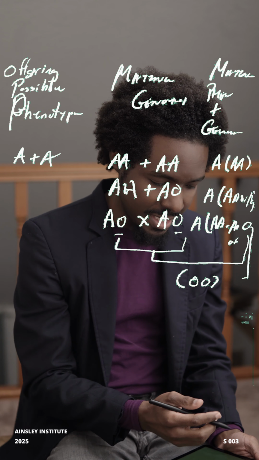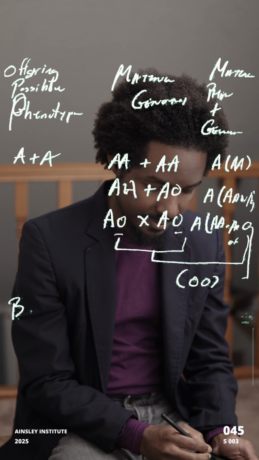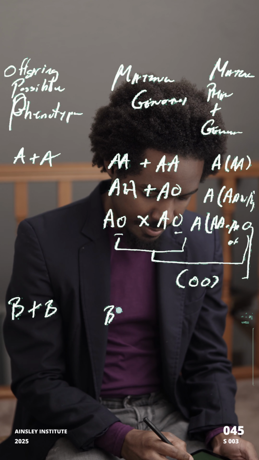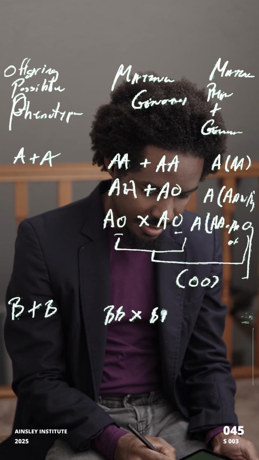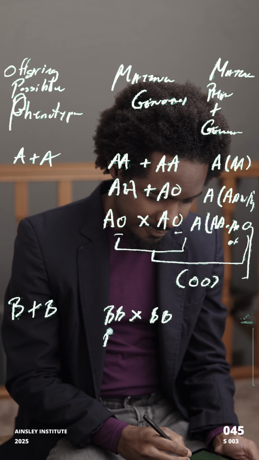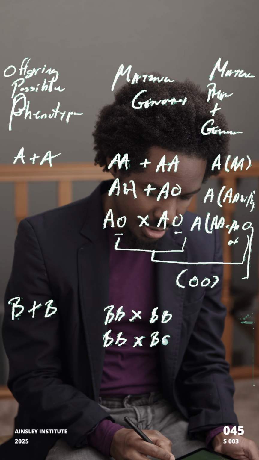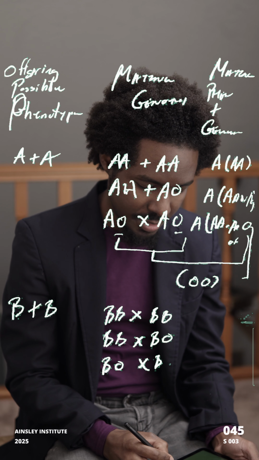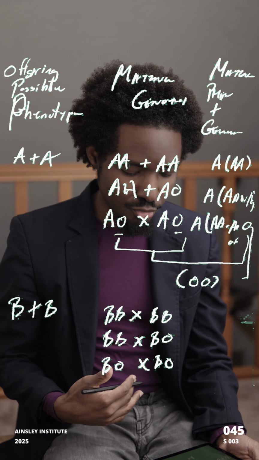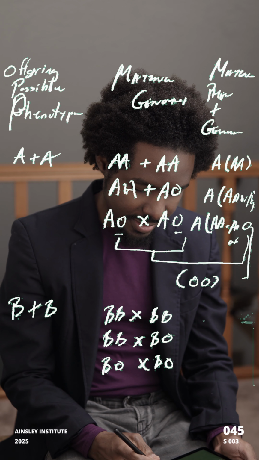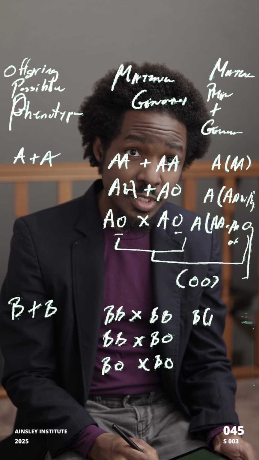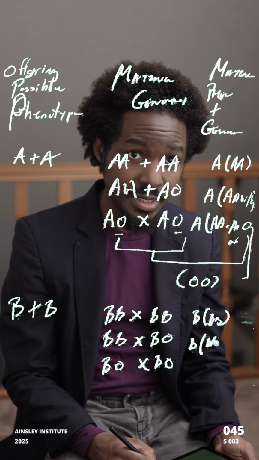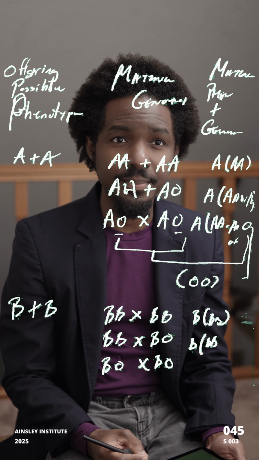If a person is B, multiplied by B, we're expecting the same: BB times BB, then BB times BO, and then BO times BO, and the breakdown is the same. So this person would be B, you'll have BB. This person is still B, you'll have BB. That's a possibility.